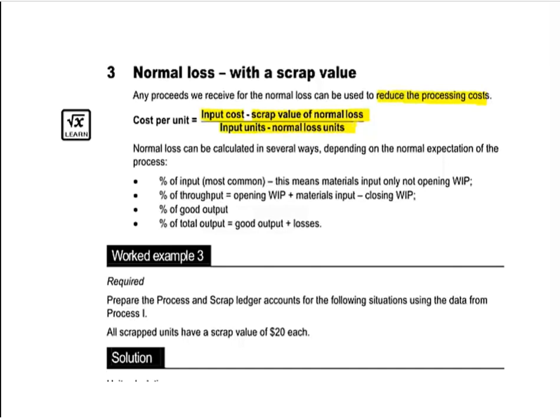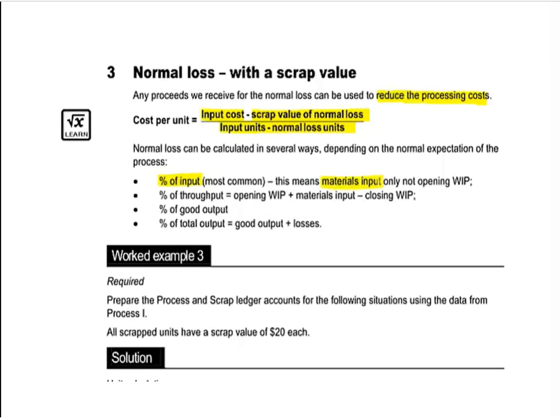There's lots of different ways that the normal loss can be calculated and presented, and you need to read the question very carefully to make sure that you're using the right approach. Often it will be the percentage of input, and that will be the percentage of new materials which are input.